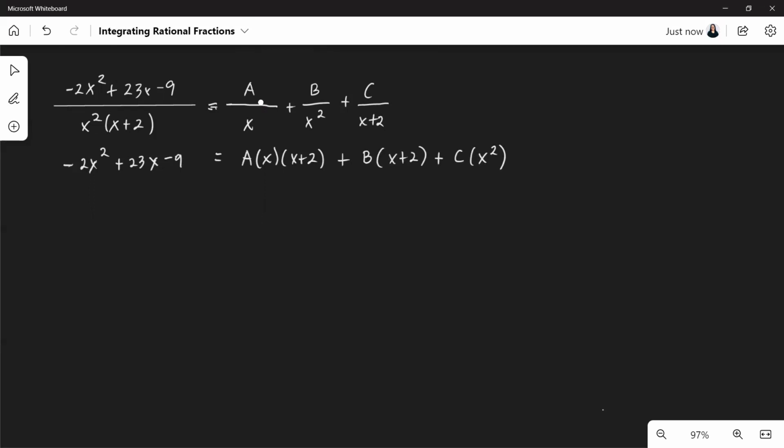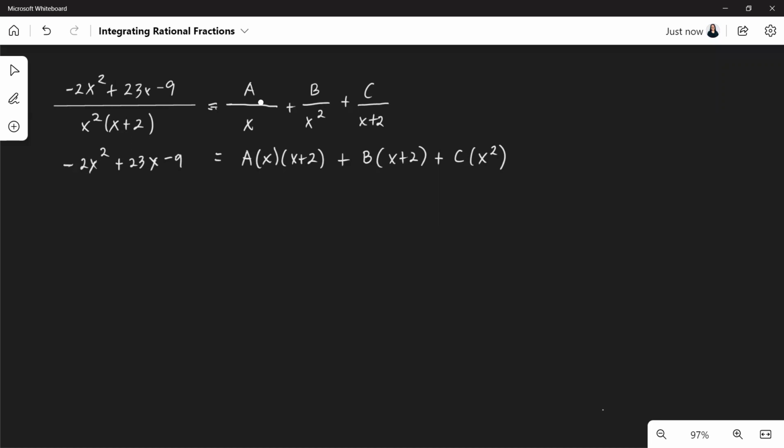So in case number 1, the method that was used was to assign values of x such that at least one of the terms would be equal to 0 so that you can solve for the constants.